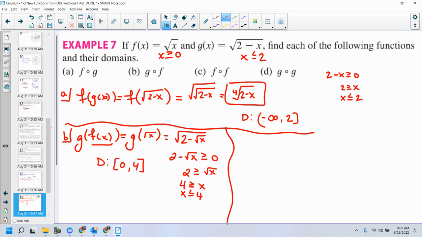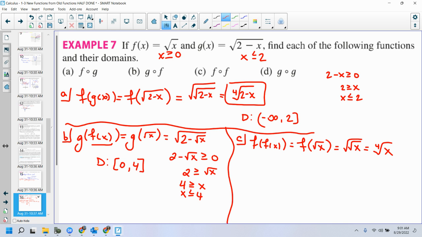I'm going to do C right here as well, which is F of F, which is F of the square root of X. Okay, so it's the square root of the square root of X, or the fourth root of X. Now in this case, my innermost function was F, right?